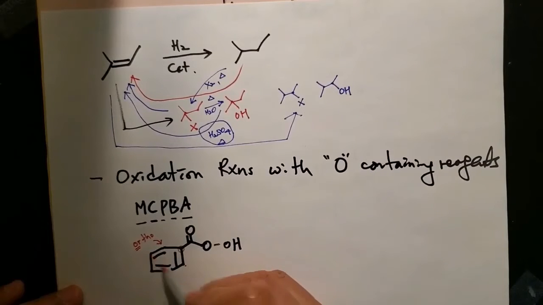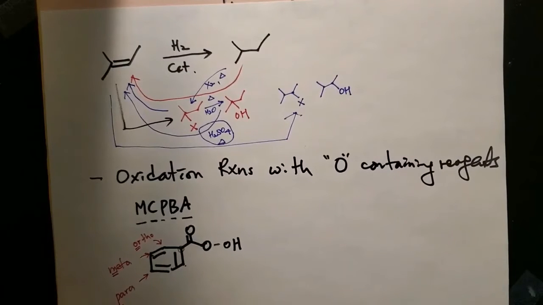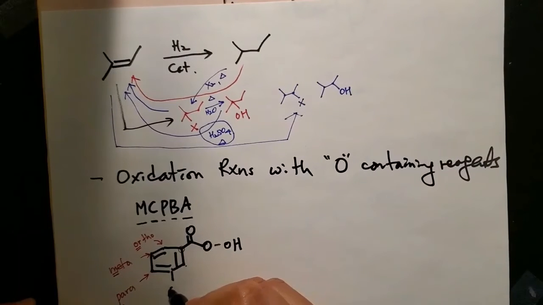This and this, next to the ortho, two carbons away from the substituent, that is called meta, or just M. The next carbon subsequently is called para, or just P. In the IUPAC system though, we use number 1, 2 for the ortho, 3 for the meta, 4 for the para. Okay.